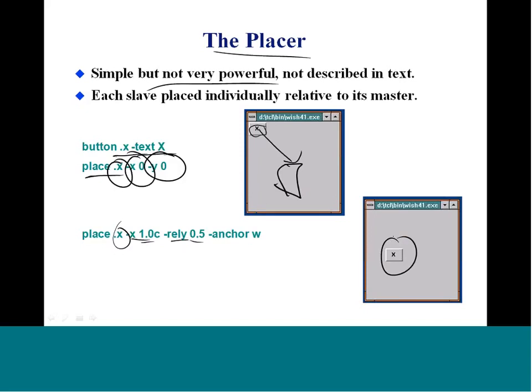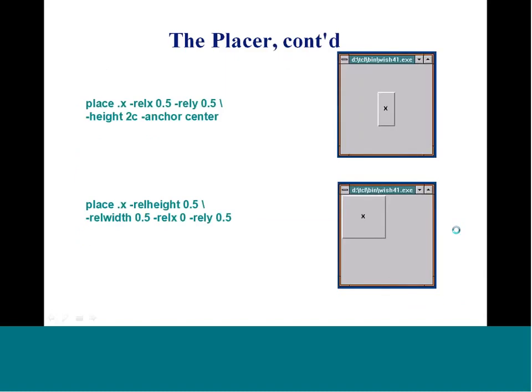So on the Y you just move it by 0.5 relative to the previous value, 0.5 centimeter. In the X direction it's just 1 centimeter, with an anchor of W. These are some of the coolest things that you can do.